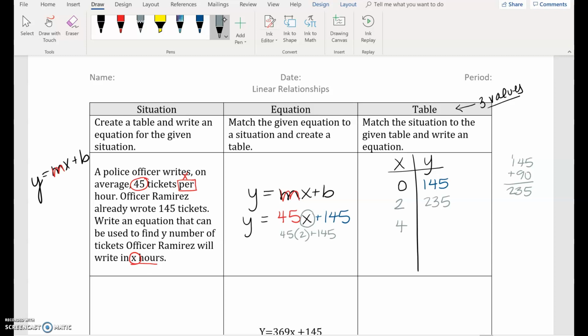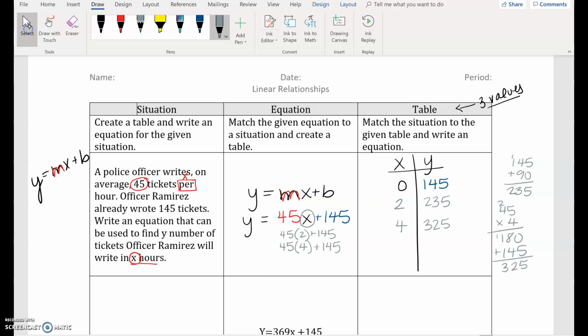Okay, so now I'm going to plug in 4. So 45 times 4, because I'm just changing out my x value, plus 145. 45 times 4 is 180. So 180 plus 145 is 325. Okay? So that's it. That's all you have to do.